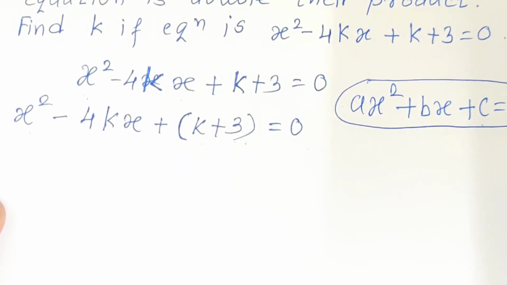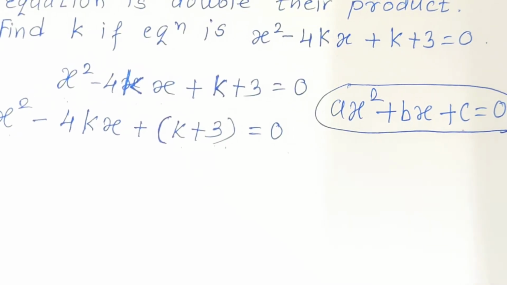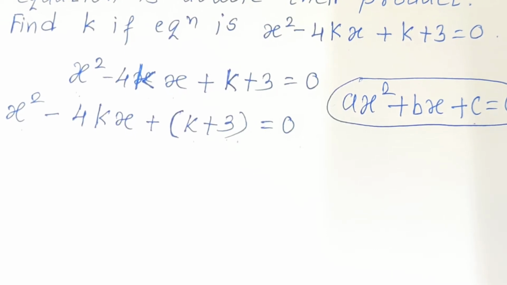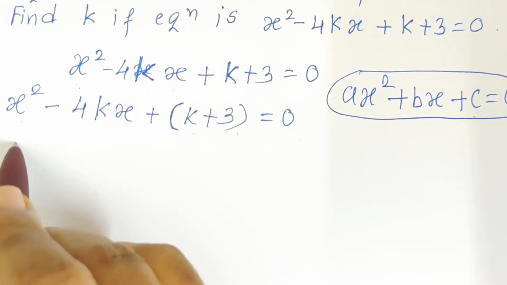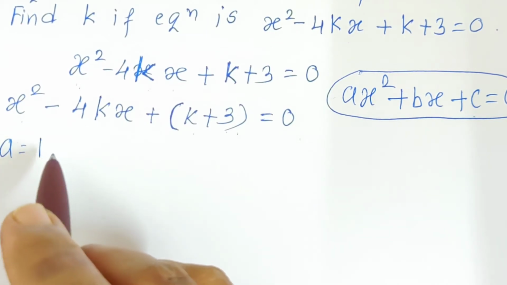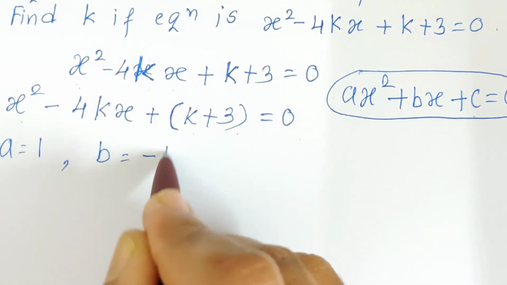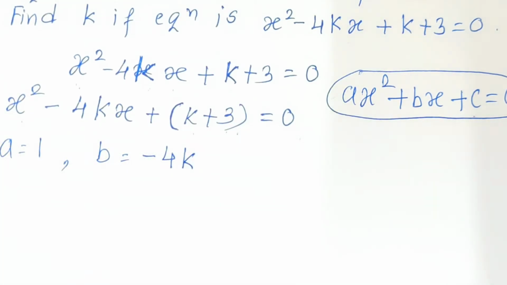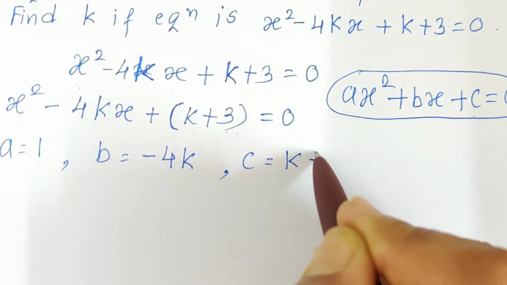Now compare it with ax square plus bx plus c. So you will get a is equal to 1, b is equal to minus 4k, x is a variable, and c is equal to k plus 3.